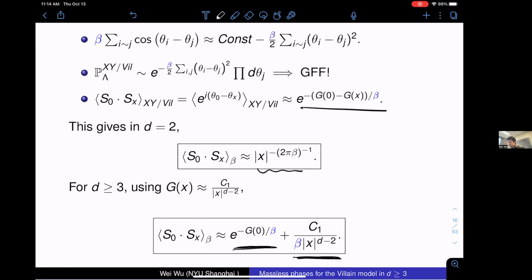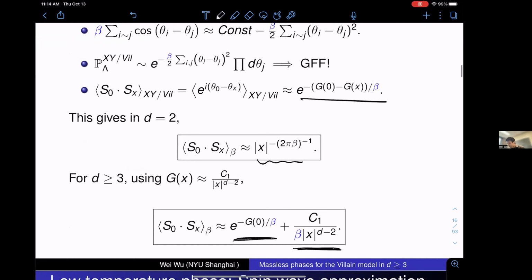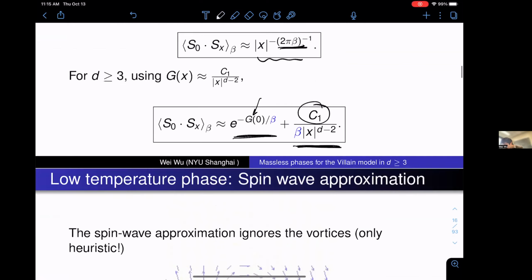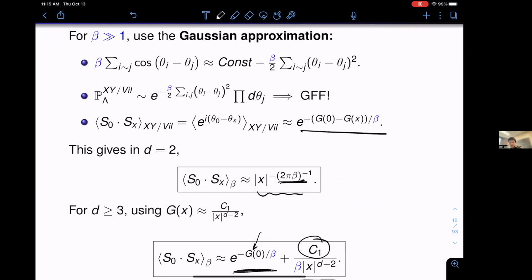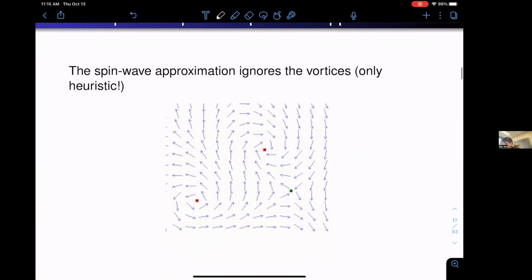So these approximations give you the qualitatively correct behavior in 2D and in dimensions 3 and higher, but they're not very quantitatively correct. In particular, the exponent and the constants appearing here are not the right constants. And the reason for that is that by approximating the U(1)-valued spin model by a Gaussian free field, you actually ignore the occurrence of vortices, right?